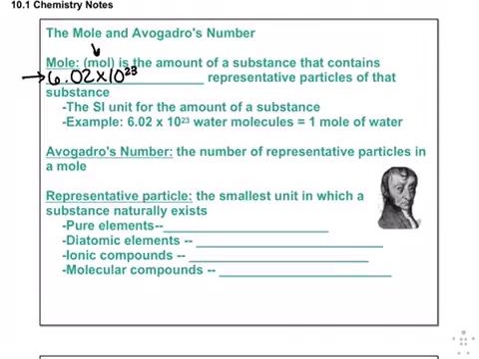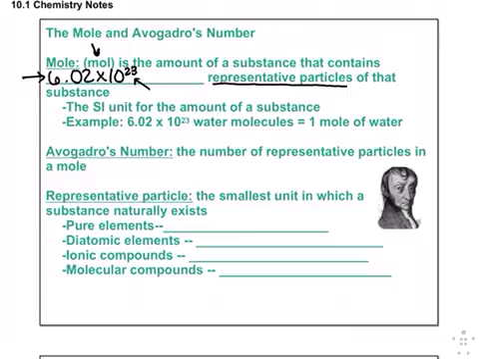When I talk about representative particles, that means that we can change the unit to this number as we need to. If we need to figure out how many molecules, the unit for this number can be molecules. If we need to figure out how many atoms, we can change this unit to atoms.